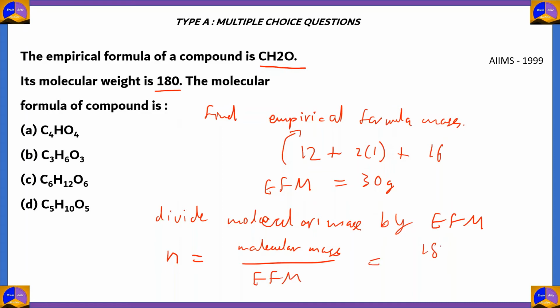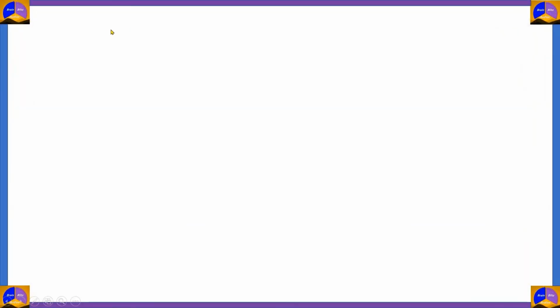Molecular mass is 180 divided by 30. On simplification, we can discard the zeros to get 18 by 3. So n is the ratio, basically. 18 by 3 will be 6 because 6 times 3 is 18. So n is equal to 6.